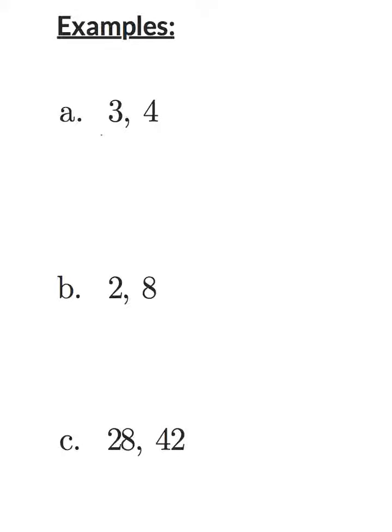Since 3 is a prime number, I'm just going to say that it's equal to 3. 4, if I write it in expanded form using prime factors, is equal to 2 times 2. So now, to find our LCM, the first thing that I want to do is put any numbers that appear in both factorizations in the LCM. For this example, there are no common factors to put in the LCM to start with. So then we're going to go to our second step, which is put everything else in the LCM.